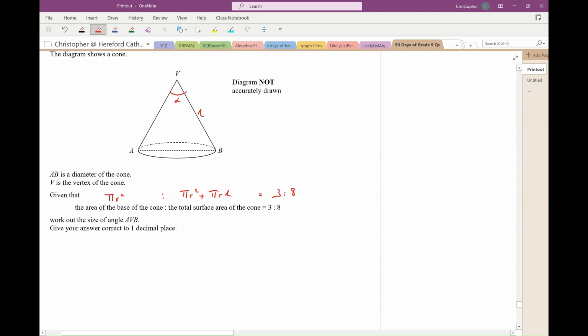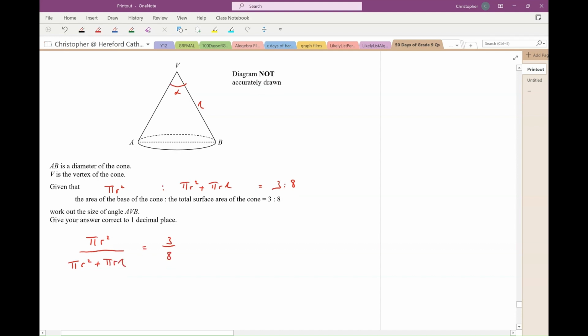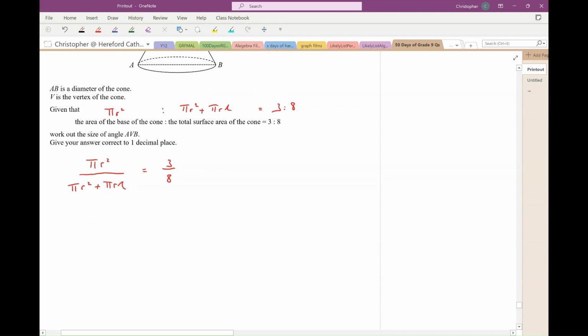So we know that pi r squared over pi r squared plus pi r l is 3/8. I can simplify that fraction by dividing top and bottom by pi r. That leaves me with r on top, and r plus l on the bottom, and that equals 3/8.